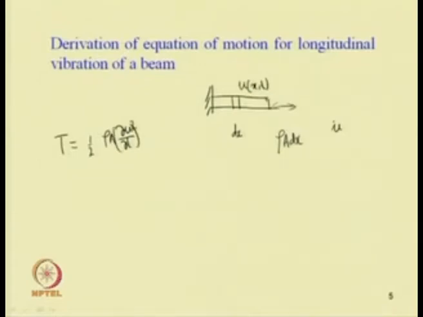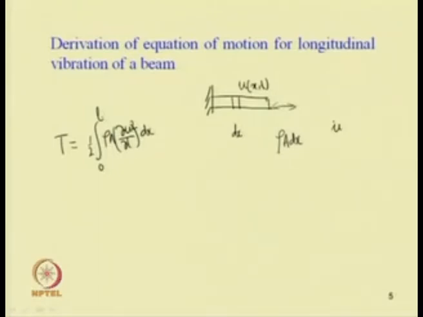For the small element, the kinetic energy can be written as half rho A, del u by del t whole square, dx. For the whole beam one can integrate that to find the kinetic energy, which is the integral of half rho A del u by del t whole square dx.